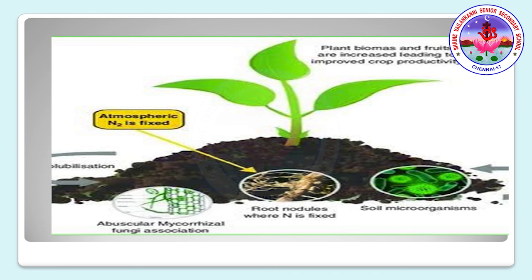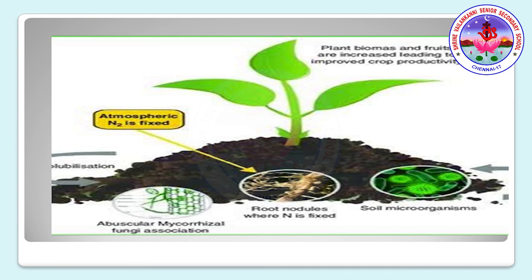Fungi form a symbiotic association with the roots of higher plants called mycorrhiza. An example is Glomus. The fungal hyphae absorb phosphorus from the soil and pass it into the plant. Next, cyanobacteria as biofertilizers. Cyanobacteria are blue-green algae.